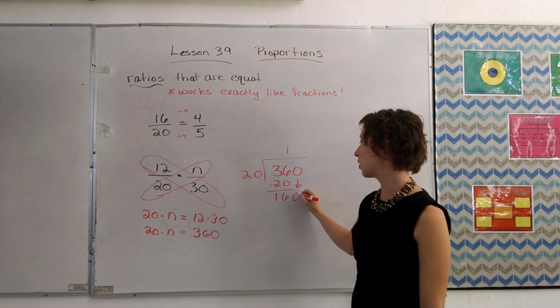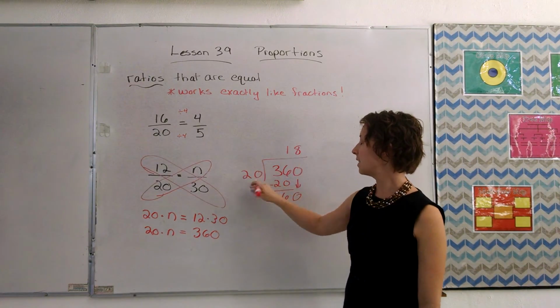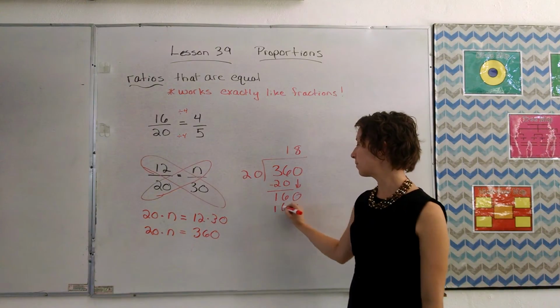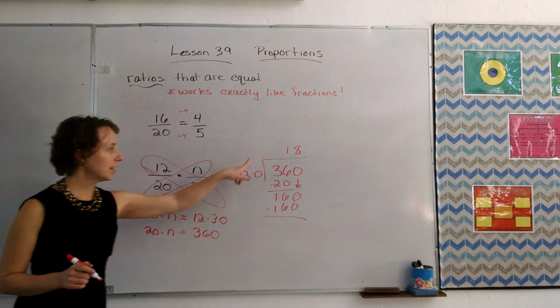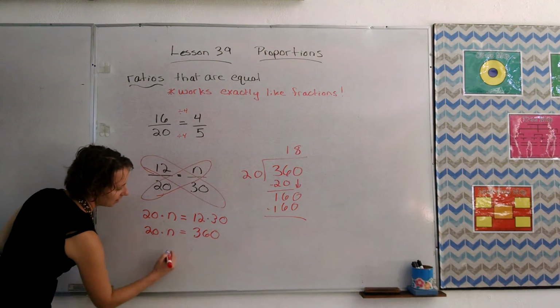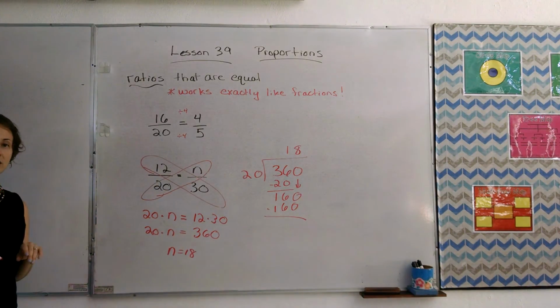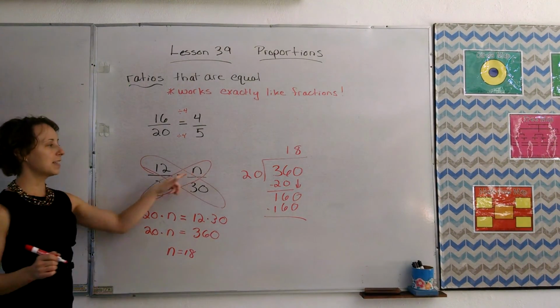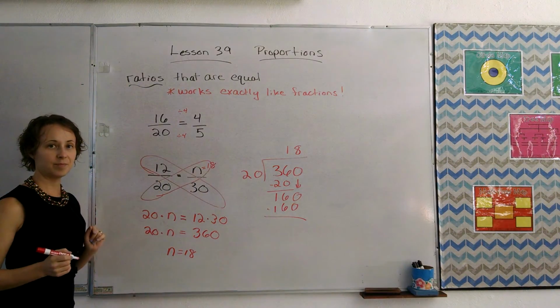And bring down my next 0. 160 divided by 20 would be 8. 8 times 20 would be 160. That means 18 times 20 makes 360. 20 times n, which is 18, makes 360. So the number that I'm missing here, this n, is the same as 18.